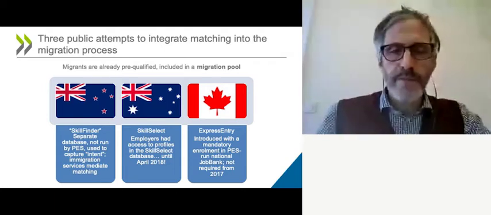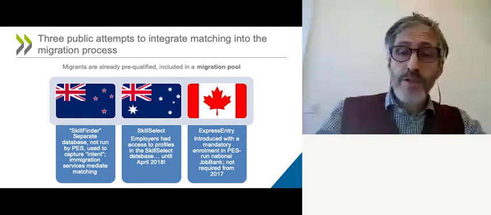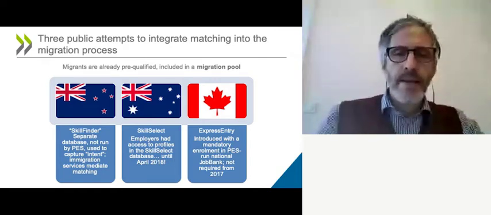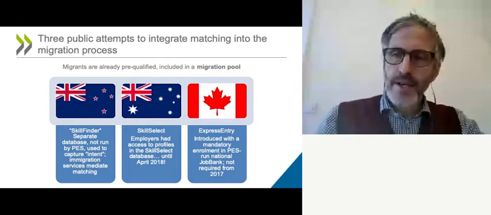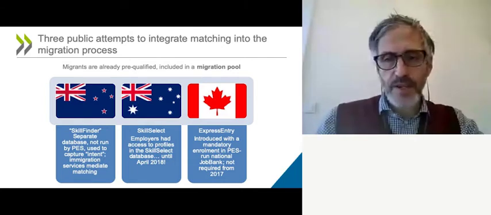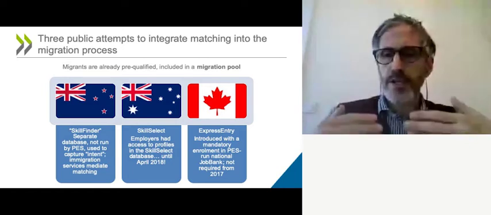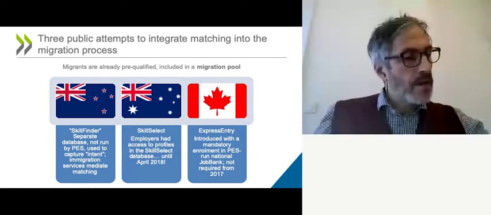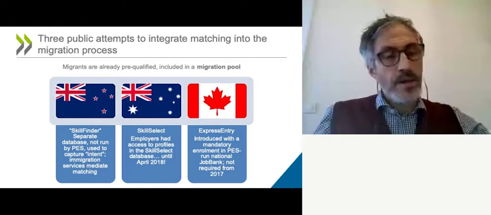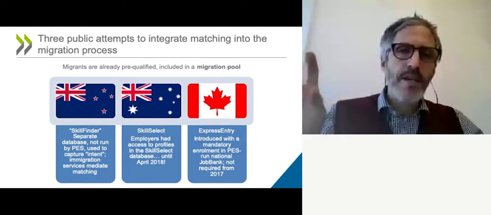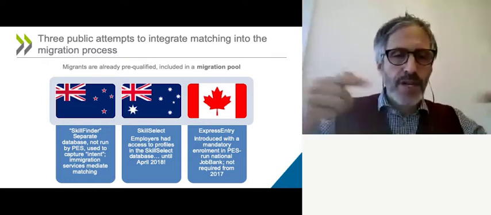In Australia, the system used to allow employers to look at these candidates, but then it stopped. And the third example is in Canada, where the Public Employment Service database is closely linked with the migration selection system. So, this is the question: what's the involvement of the public sector in matching and the migration and the link between them?